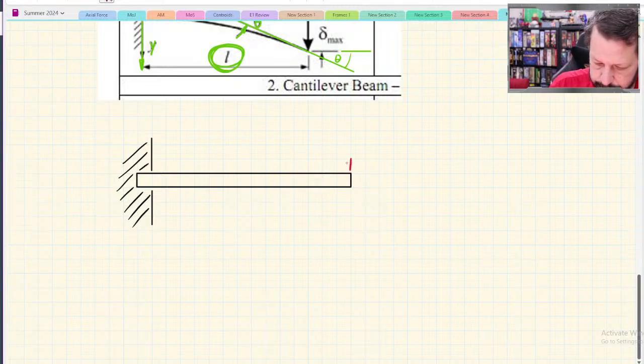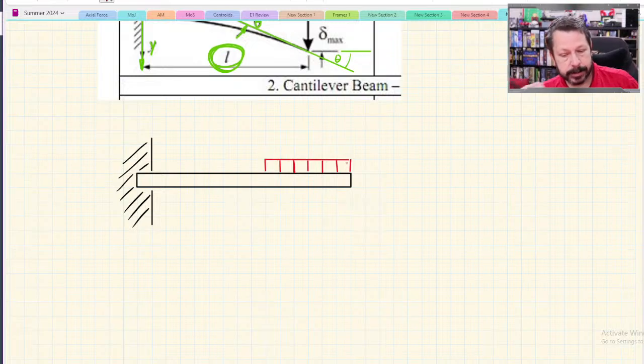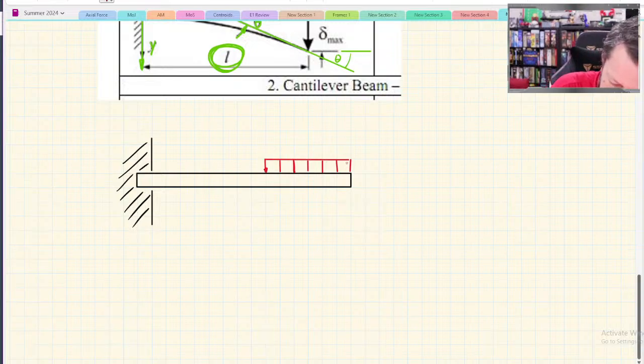So what if your distributed load was over here? Your first thought is probably close, but it's probably not right. At least, there's a better way to approach it.